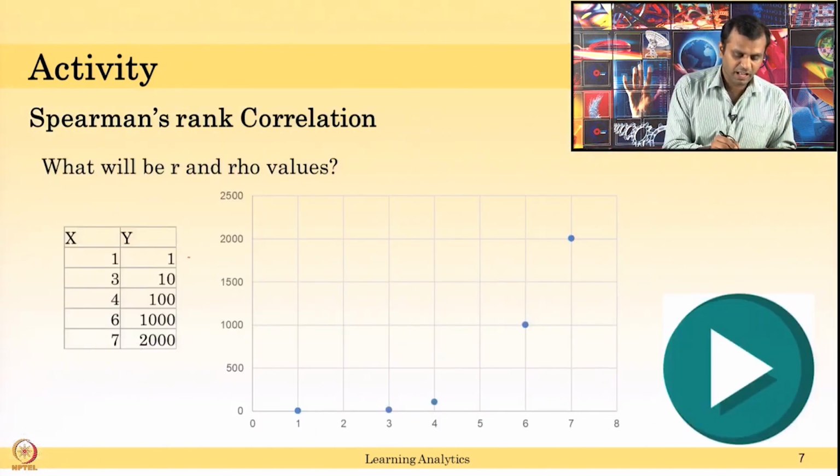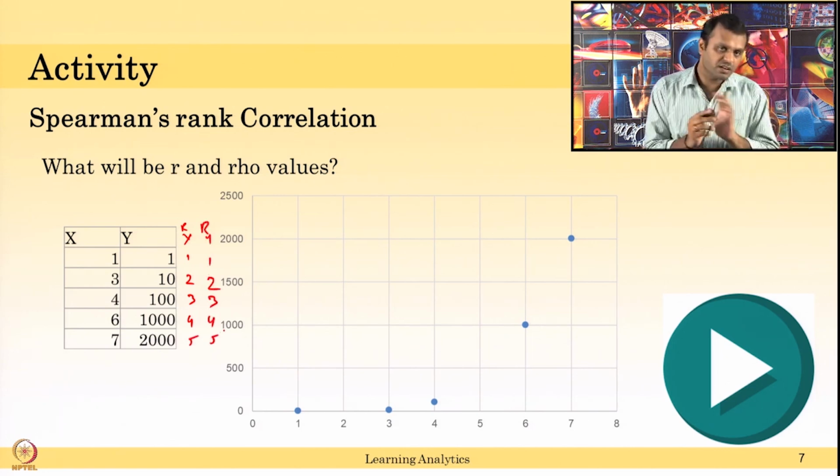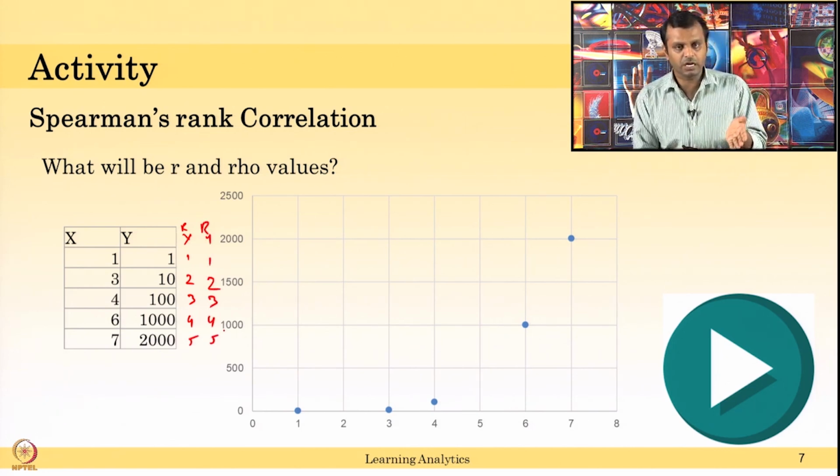If you just compute the rank, the rank of x will be 1, 2, 3, 4, 5, and the rank of y will be 1, 2, 3, 4, 5. So, if you find the difference between these 2 values, definitely it is 0, and 1 minus 0 is 1.